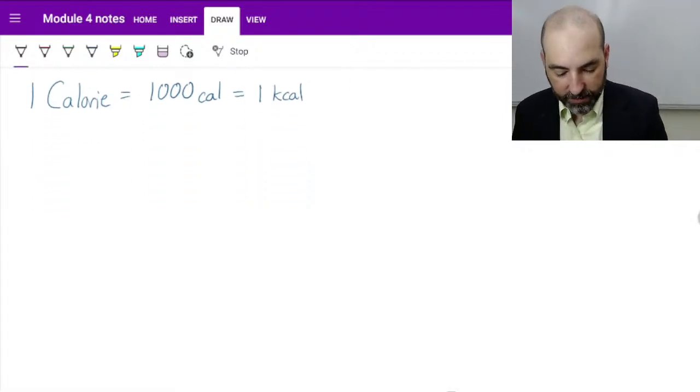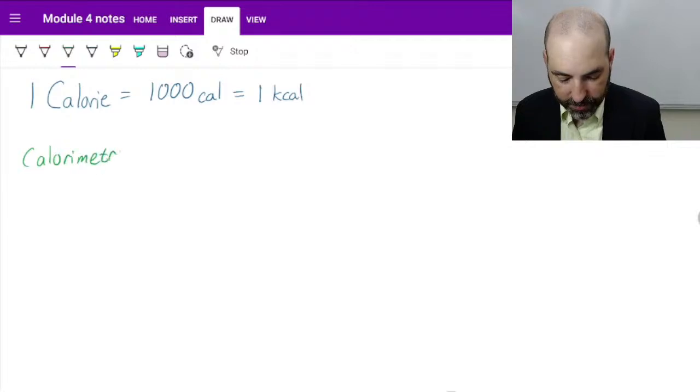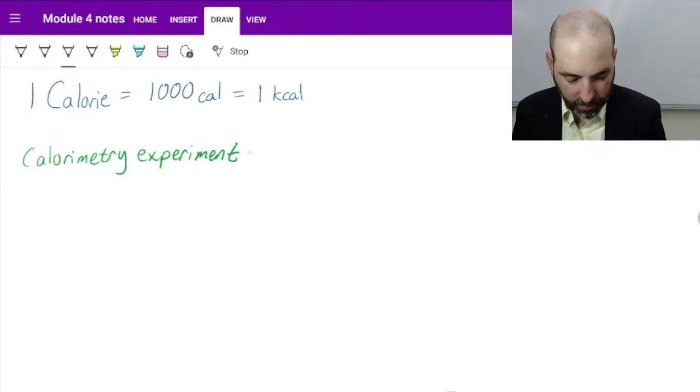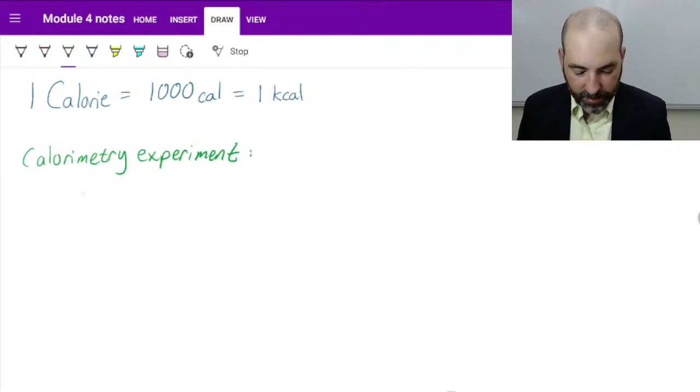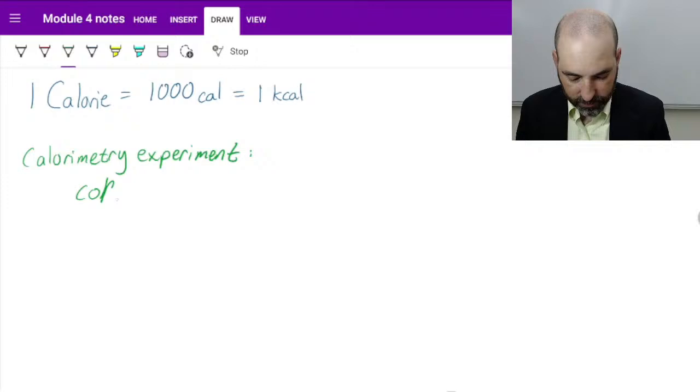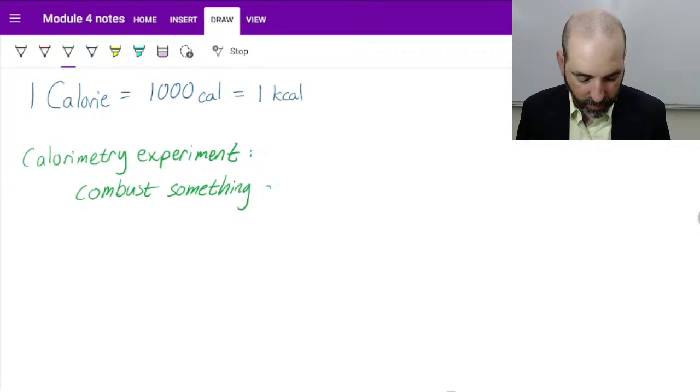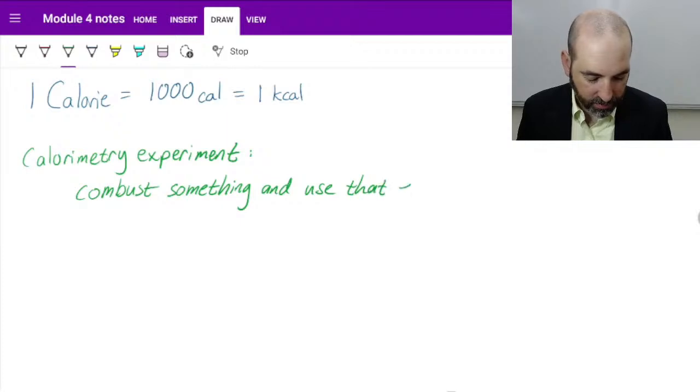So the basic calorimetry experiment is: we're going to combust something and use that energy to heat water.